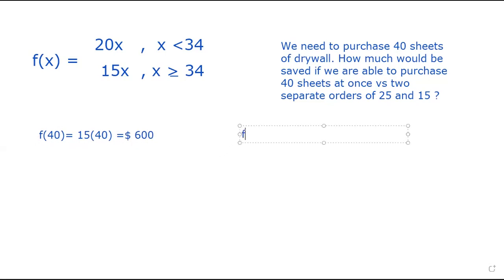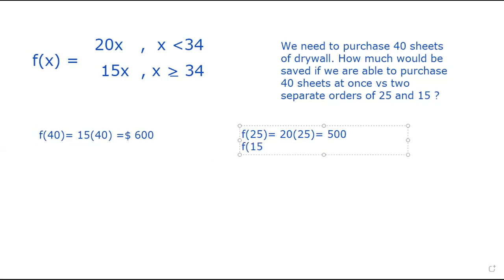Now, with the others, say f of 25, 20 times 25, that would be $500 on that first order.